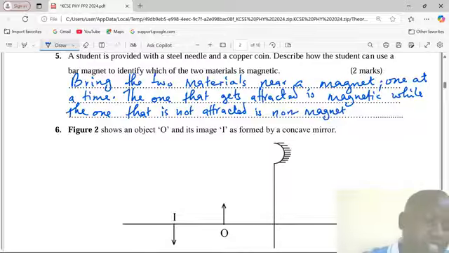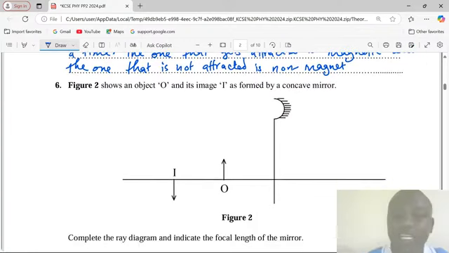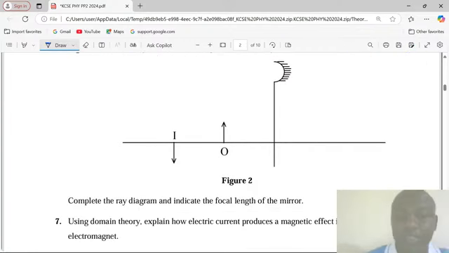So a magnetic material, by definition, is simply a material that can be attracted by a magnet.